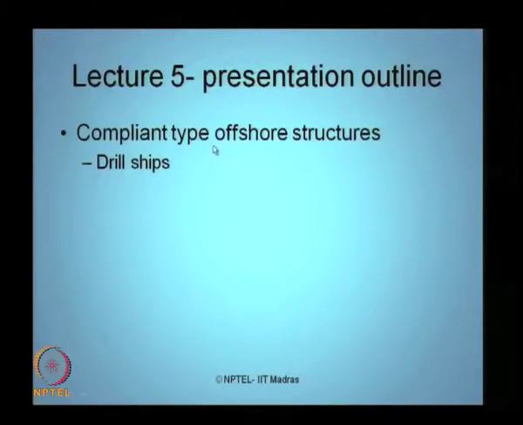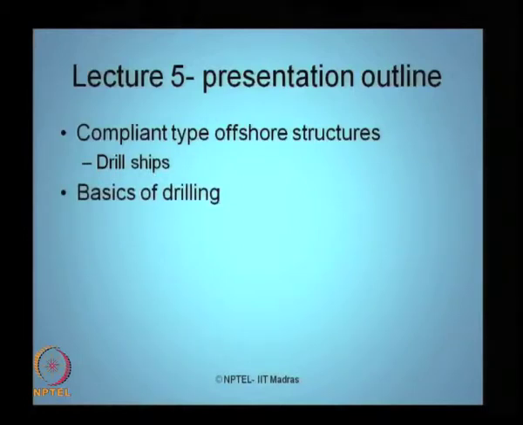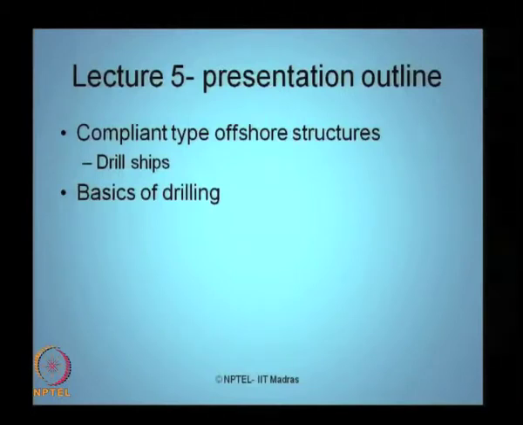Under this basis of compliant type of offshore structures, we will talk about drill ships, and further we will also give you some basic outline on concepts of drilling, because if you have got a design or plan for any offshore structural system for the process of exploration of oil and gas, one must understand certain basic terminologies and basic activities related to drilling. So, this lecture will also focus on basics of drilling.